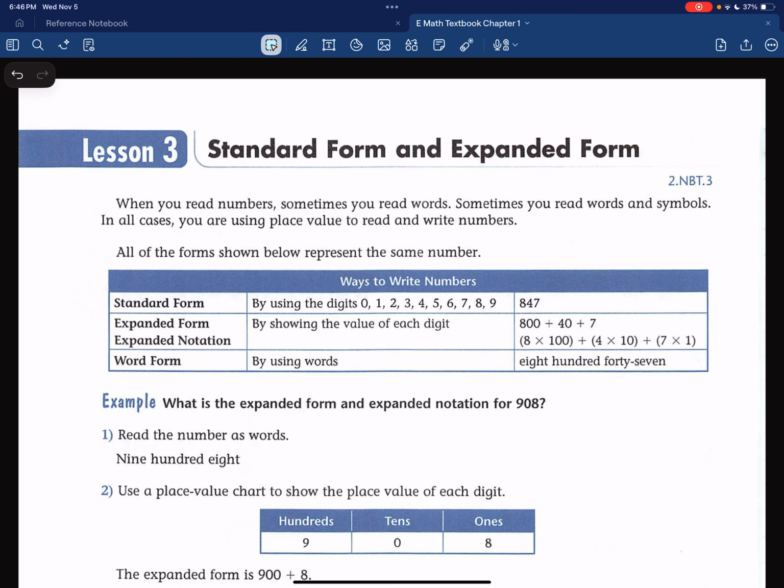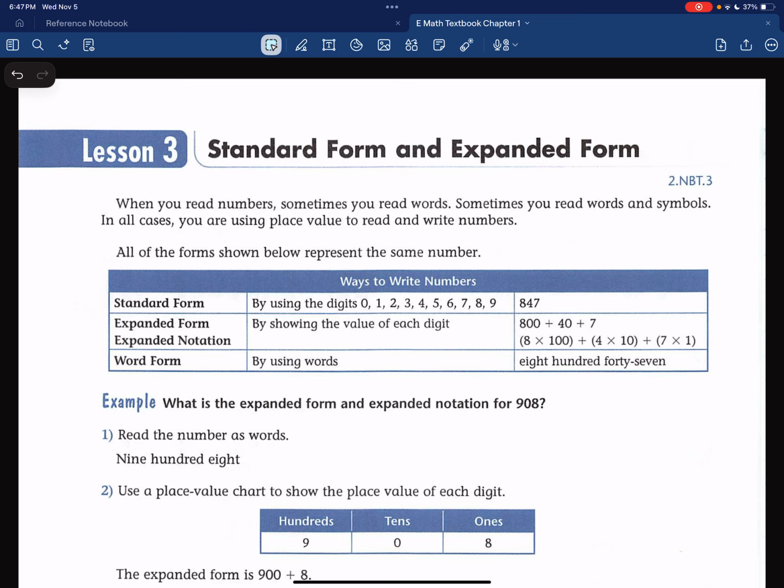Lesson 3, standard form and expanded form. When you read numbers, sometimes you read words. Sometimes you read words and symbols. In all cases, you're using place value to read and write numbers. All of the forms shown below represent the same number.